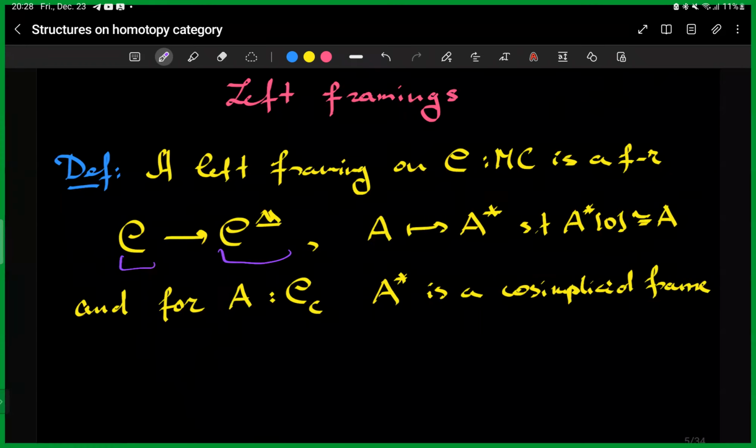So as I said, the idea of a frame is a sort of resolution for an object.